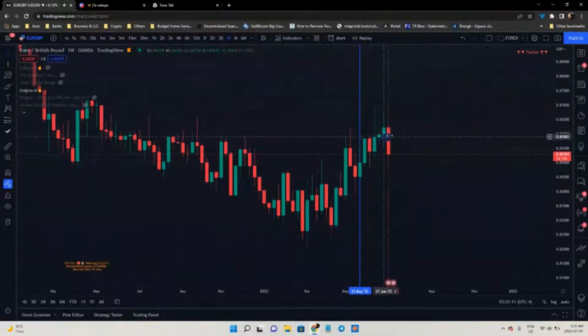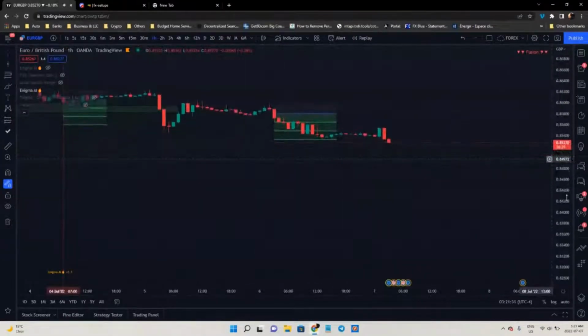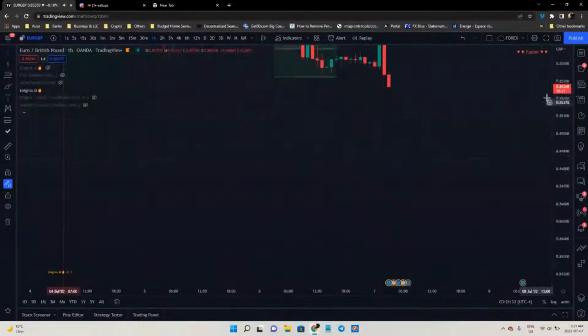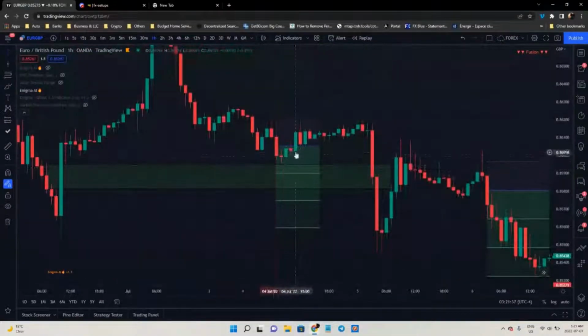That's why I want to know exactly what the movement in the market is first, what the weekly candle wants to do, so I know exactly where to take my trade. Same thing, Euro GBP on the 4th went nowhere.